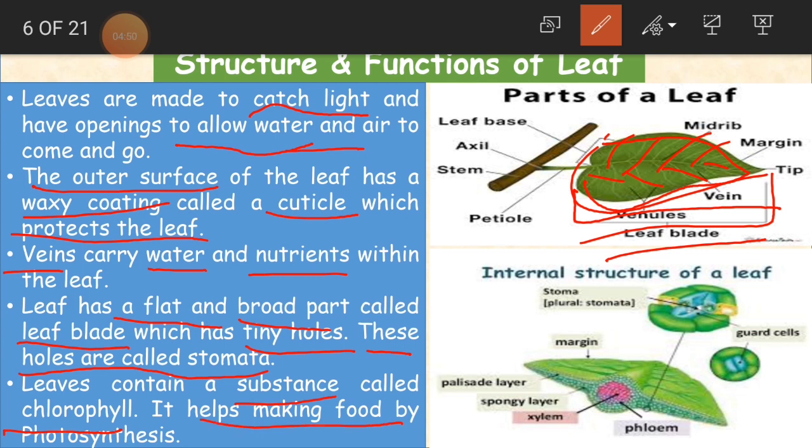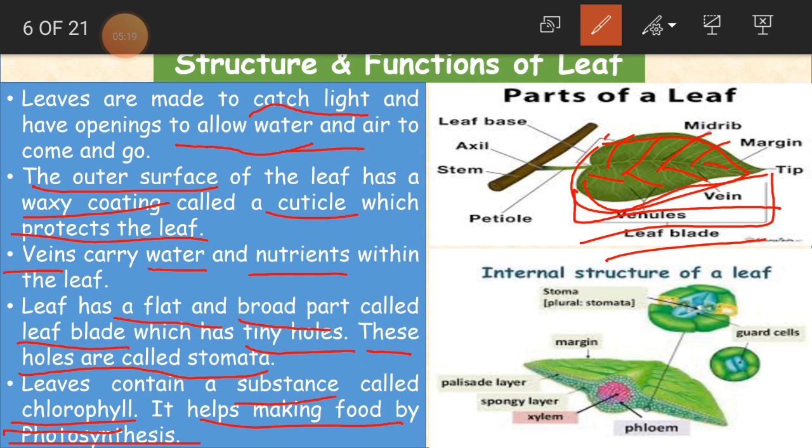It helps make food by photosynthesis. So we learnt earlier that through the process of photosynthesis, the leaves are going to manufacture the food, by a substance called chlorophyll. So chlorophyll is a very important substance. Why? Because it helps make food for the plant.